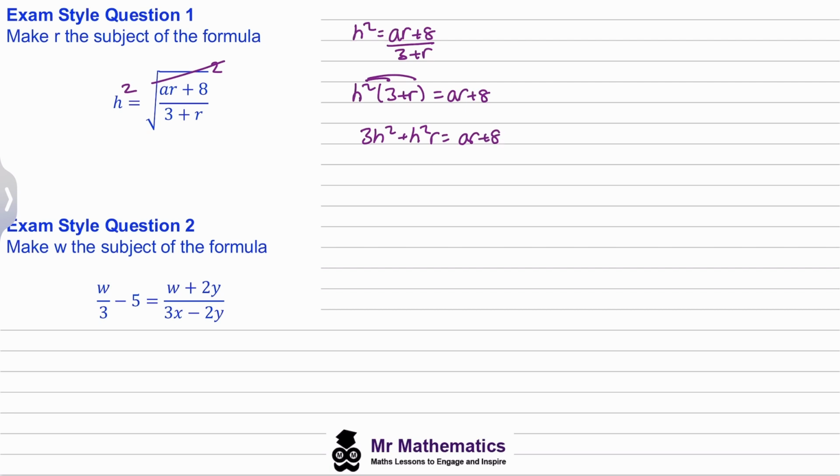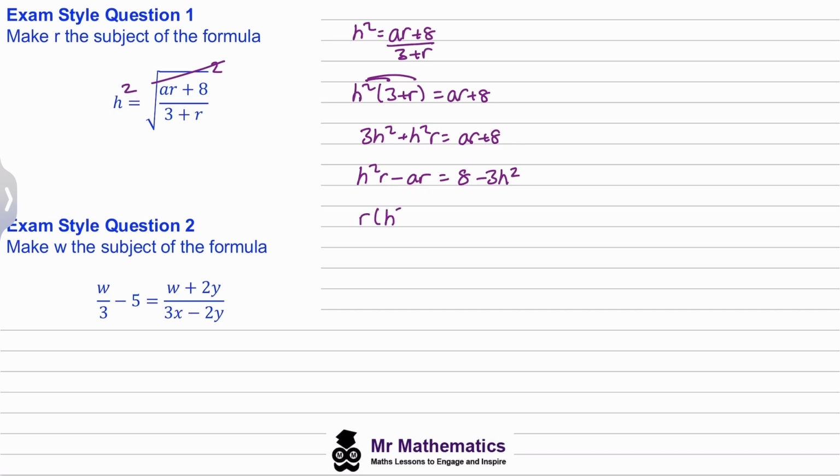And then we'll move this ar to the left-hand side and the 3h squared to the right-hand side. So h squared r minus the ar will equal the 8 minus 3h squared. And then we'll factor out the r on the left-hand side.